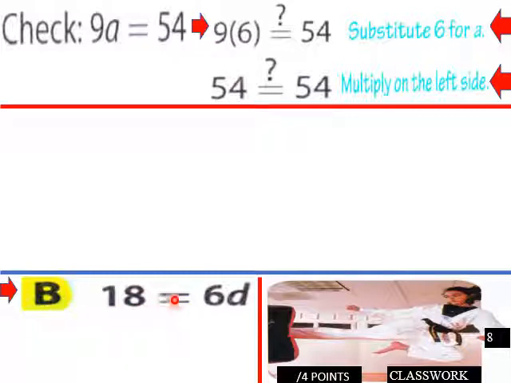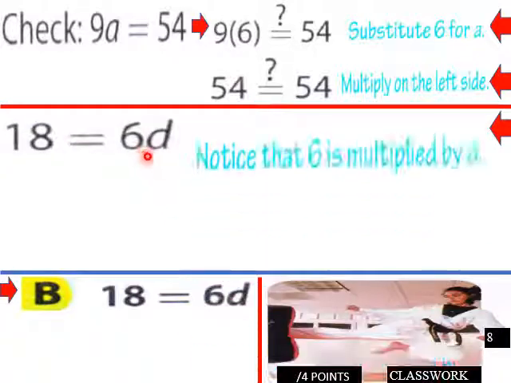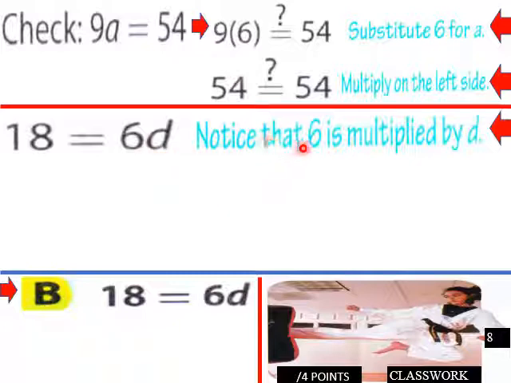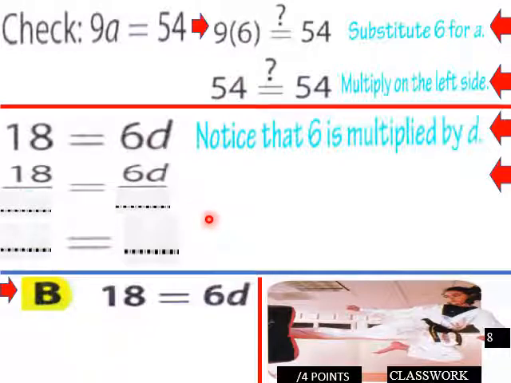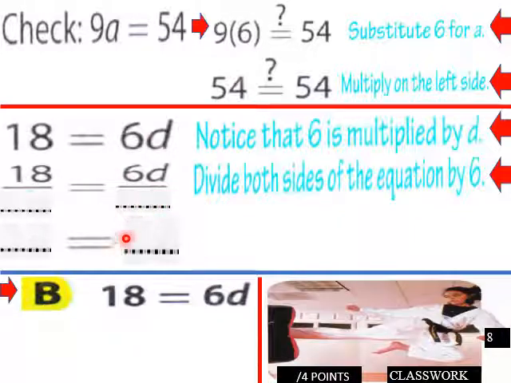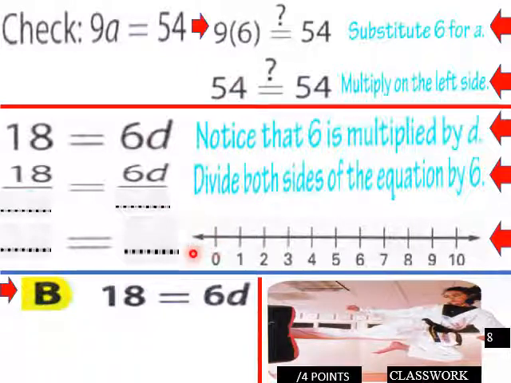So B here, 18 equals 6d. What do we do here? Notice that 6 is multiplied by d. It's 6 times d equals 18. So to solve for d, what do we divide both sides of the equation by? Divide both sides of the equation by 6. And then we're going to plot that.